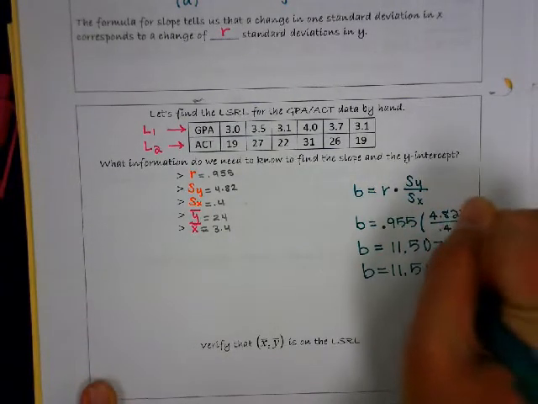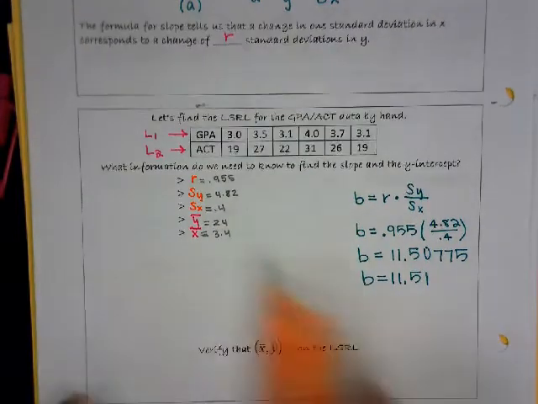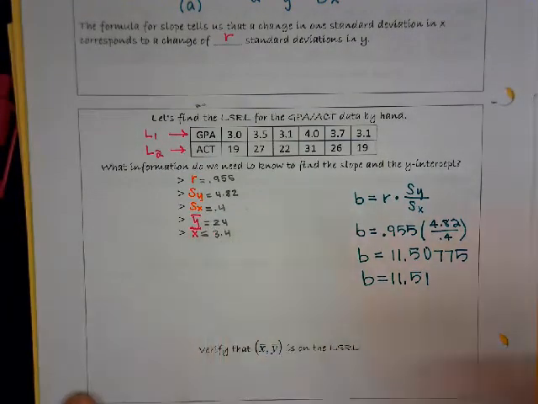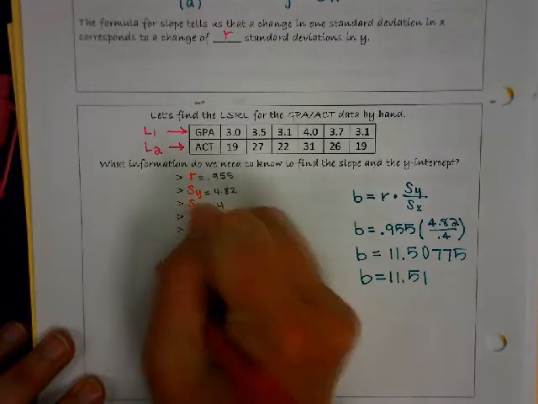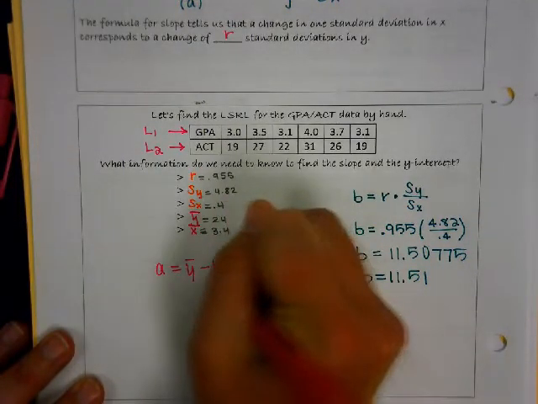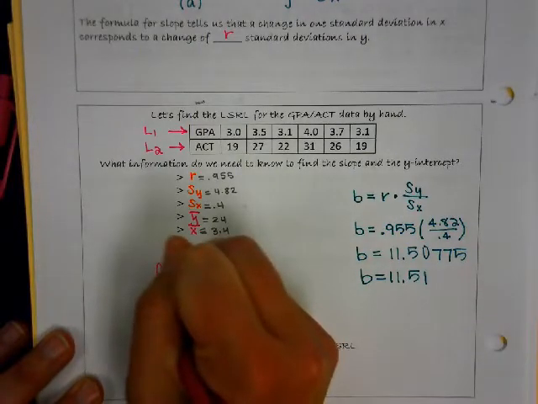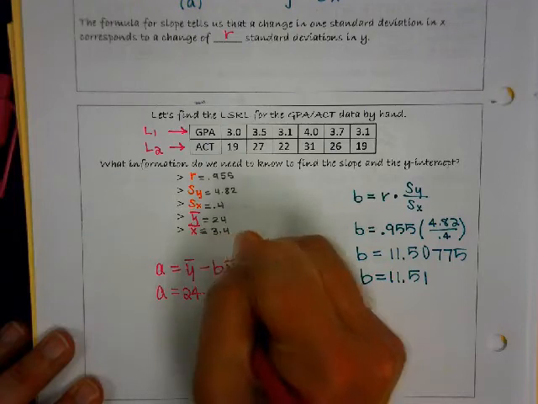Now that I have my B and I have my y average and my x average, I can find A, my y-intercept. So A comes from the y average minus your slope times the x average. So the y average is 0.4, and I'm going to subtract 11.51 times 3.4.